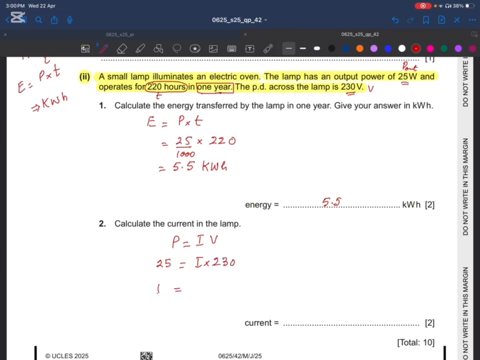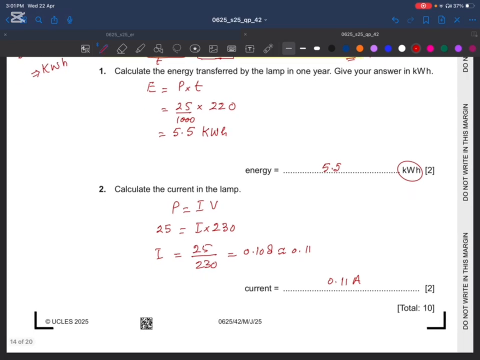Put the values, get the answer: 25 divided by 230, which is 0.108, or you can take it as 0.11 ampere. Be careful that in the previous case they gave you the unit of energy, kilowatt hour, but here they have not.